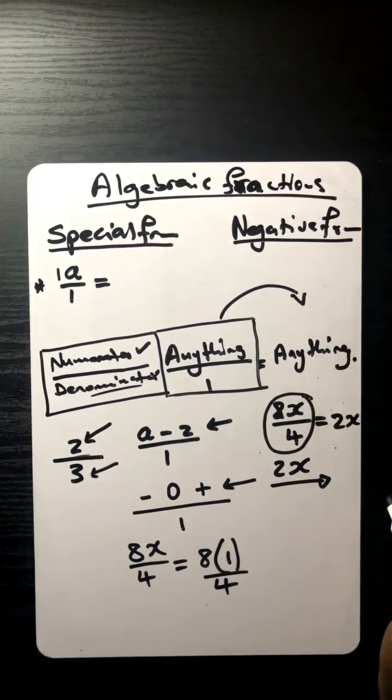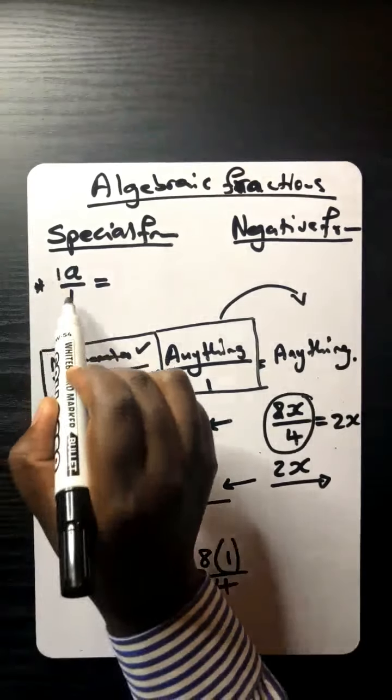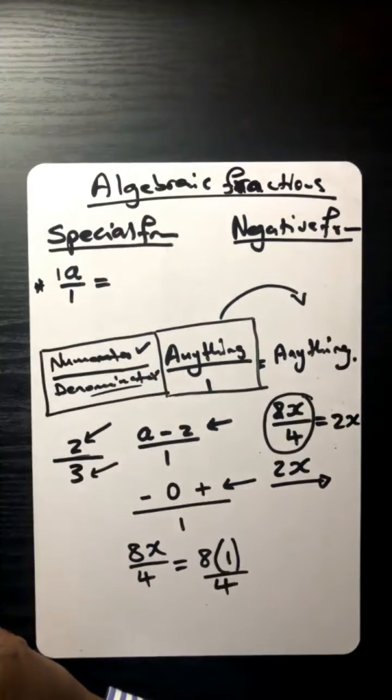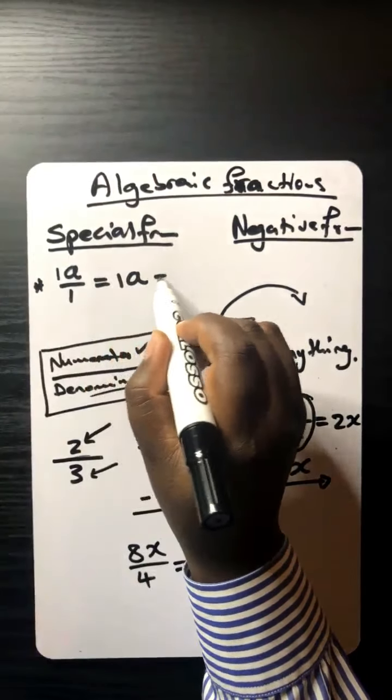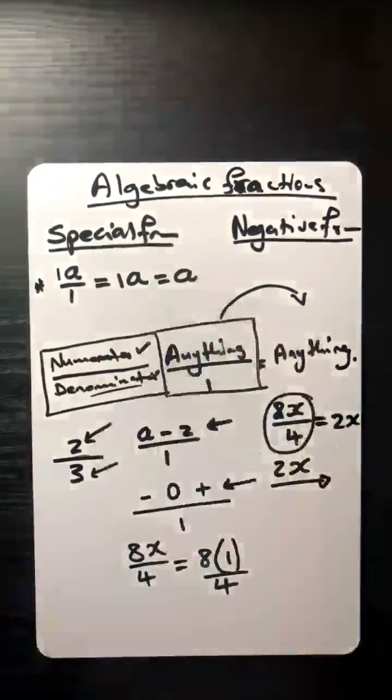So what is 1 divided by 1? So it's 1. Which means it's 1a, which is the same as a.